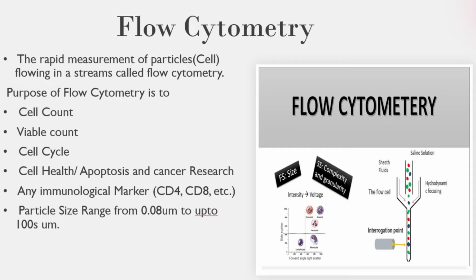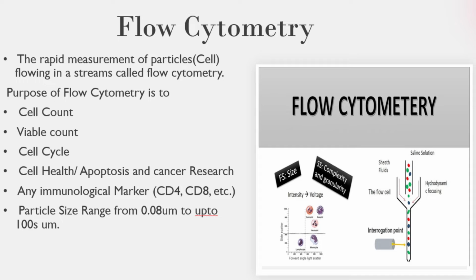It is also used in immunological markers such as CD4 and CD8, etc. The range which flow cytometry can measure is 0.0 micrometer to 100 micrometers.